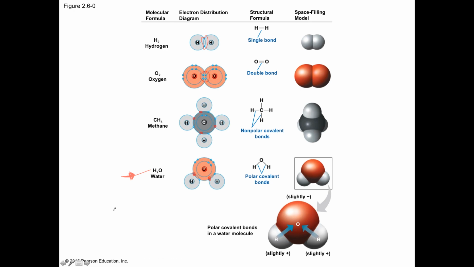And so there's a slide coming up that will show that electronegativity. But because it's not sharing well, I'm going to write here, oxygen doesn't share well, and it forms a polar bond. And that's why it's called a polar covalent bond, because it's not sharing like it's supposed to.